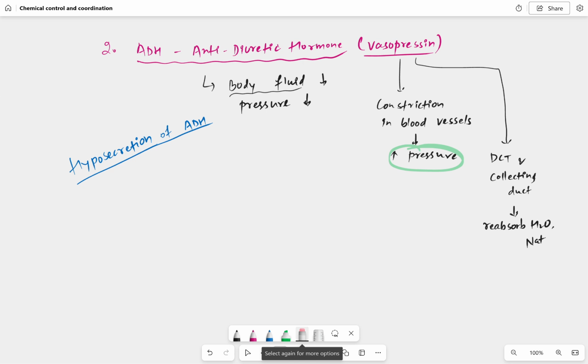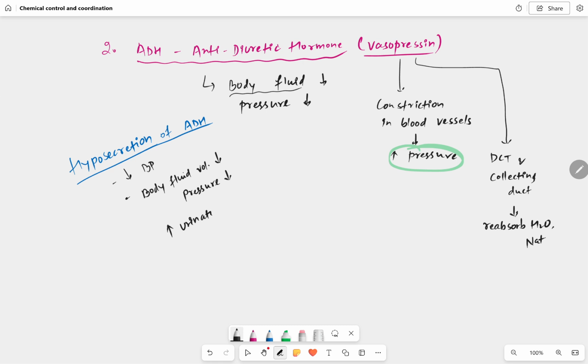That is, there is reduced blood pressure. Since it is not reabsorbing the water and sodium from the distal part and collecting duct, body fluid volume is decreased, and pressure is decreased.